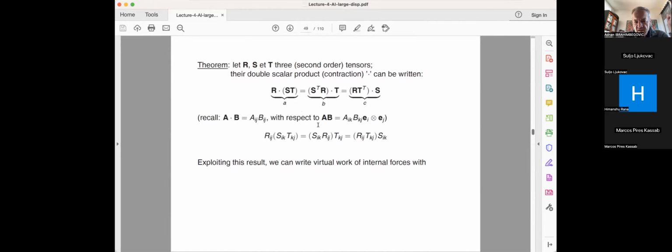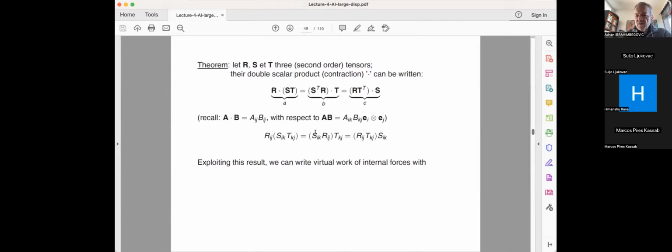According to these rules for the index notation, you can write R dot ST as R_ij times S_ik T_kj, k being the dummy index. Then without any change, you can simply shift these values around because you keep summing over the dummy indices, here k, i, and j, to get a scalar value at the end.